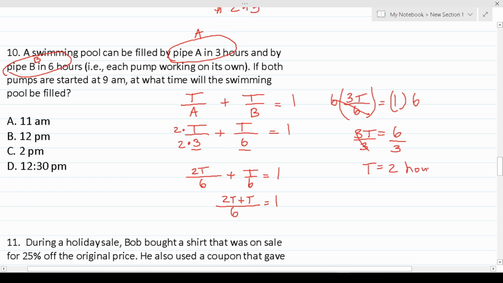In other words, it takes these pumps, if they're working together, 2 hours to fill the swimming pool. So if they start at 9, it takes 2 hours from 9 to fill it. That's 9 to 10, 10 to 11. So by 11 a.m., that swimming pool will be filled if both pumps are working together. Okay, so that was that one.